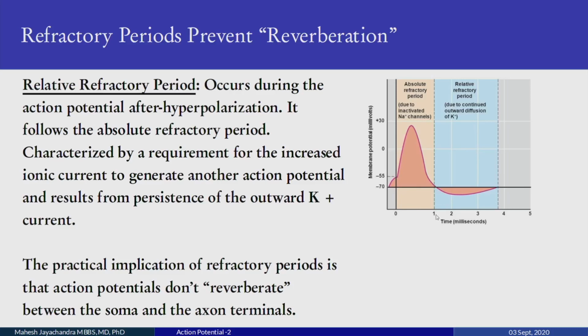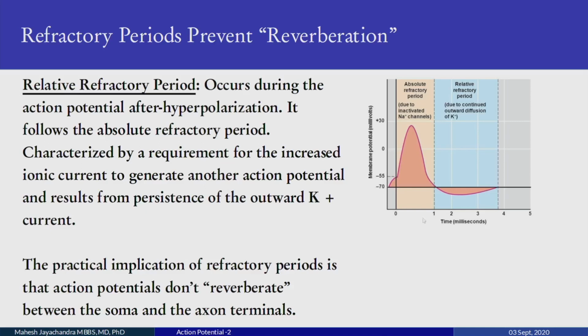One function is that this prevents electrical activity from reverberating in an ensemble, in a network of neurons, because otherwise you could have reverberation occurring, and if you have reverberation, then you have epilepsy. So normally, these processes prevent uncontrolled positive feedback reverberation in the network.